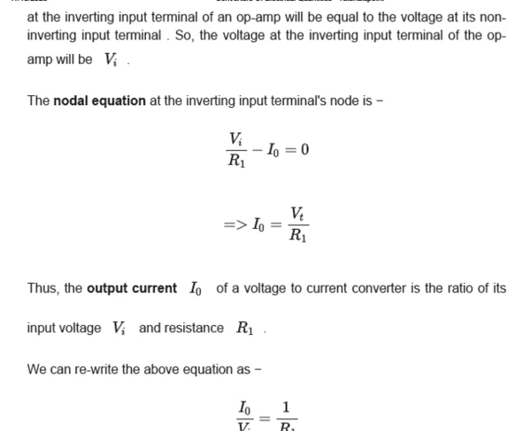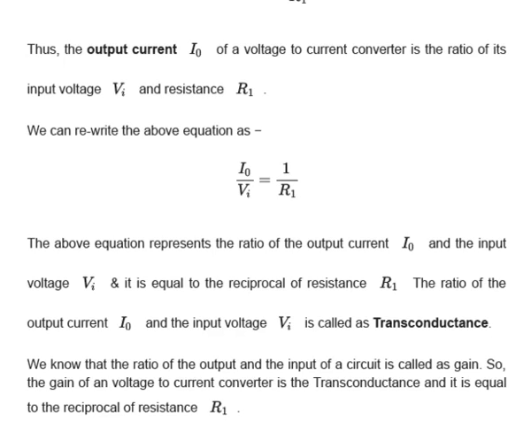So we can write I0 by Vi equals 1 by R1. So we can write this above equation. The above equation represents the ratio of output current I0 and the input voltage Vi, and it is equal to the reciprocal of resistance R1.